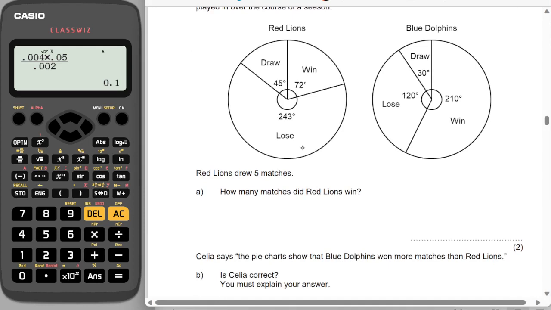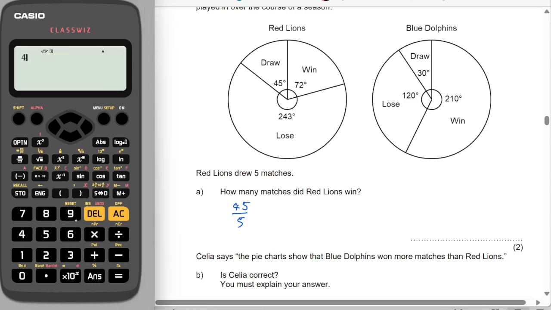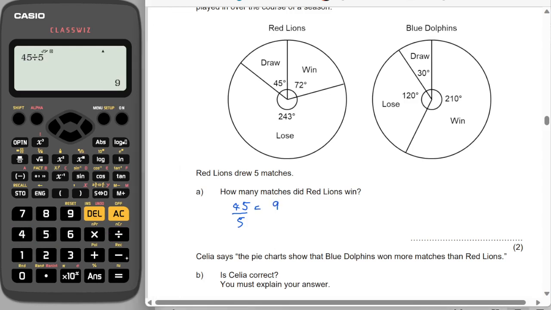What we need to do is 45 divided by 5. That will tell us how many degrees each game represents. So 45 divided by 5 is going to be 9. And then if they won 72 matches, 72 divided by 9 is going to be equal to 8.